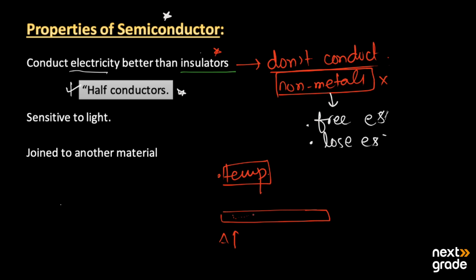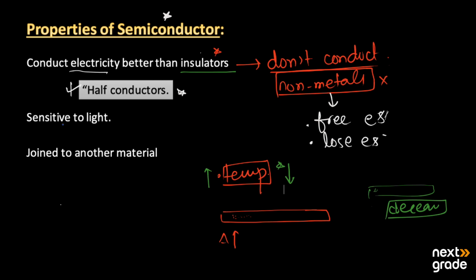But on the other hand, when we heat a semiconductor, its resistance decreases with the increase of temperature. This is the reason that a semiconductor's conductance depends upon the temperature, because by increasing the temperature, its resistance decreases.